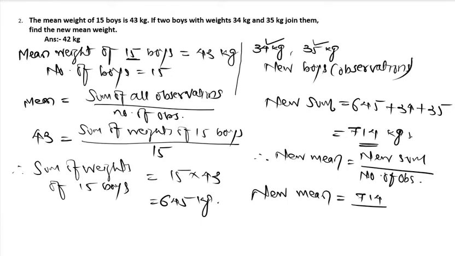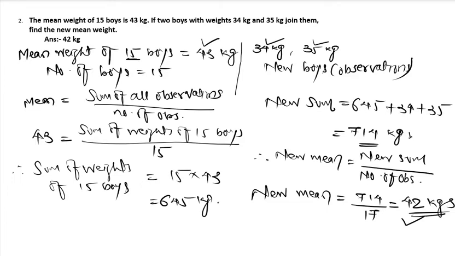So now the total number of observations, number of boys, becomes 17. Right? So 714 divide by 17. If you calculate, you will get 42 kgs. So new mean weight will be 42 kgs. Old mean weight was 43 kgs. The new mean is 42 kgs.